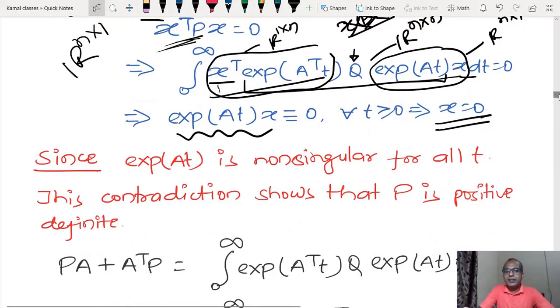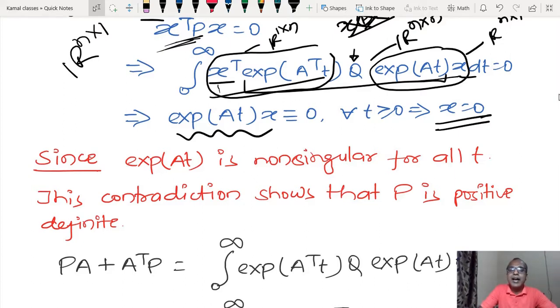What I have done, I have constructed some P matrix, and why have I constructed the P matrix in terms of Q and A? Because Q and A are given to me, so I have to establish some kind of relation. After that, what I have assumed is that X transpose Px equal to 0 when x is non-zero. But by contradiction, what we found is that x equal to 0 is the only choice.